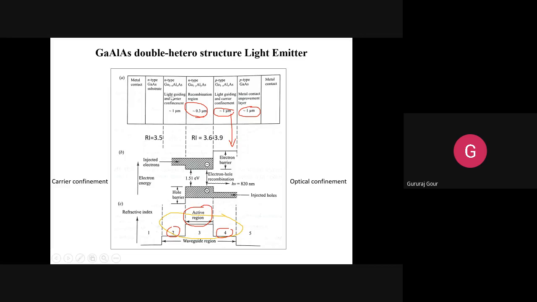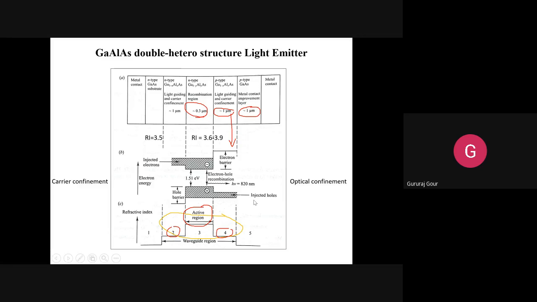And you can see these two surrounding layers, N type and P type, are acting like light guiding layers. What will they do? Light guiding layers means they make sure that the electrons injected into the N type recombination region will all be jumping down to the valence band.